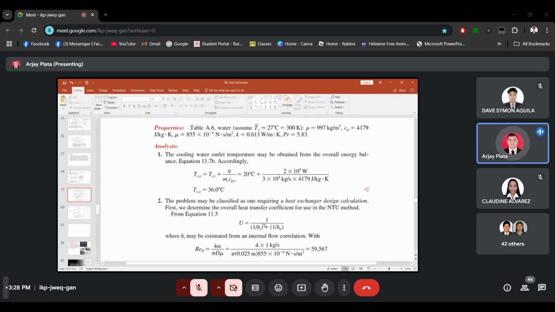So how can we determine if the flow is laminar or turbulent? By taking the value of the Reynolds number.